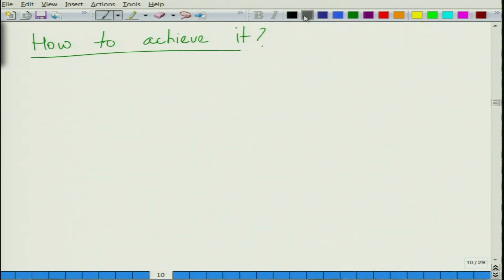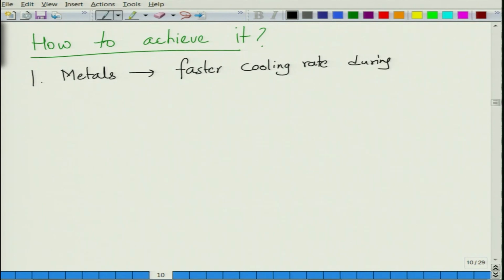So, this can be achieved in metals, you can say, if you have a faster cooling rate during solidification.